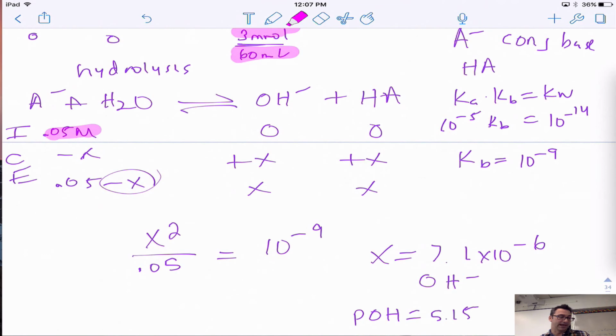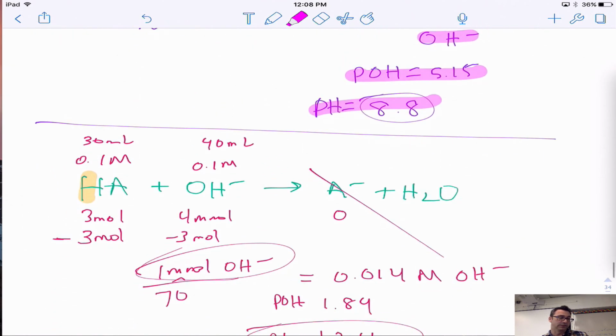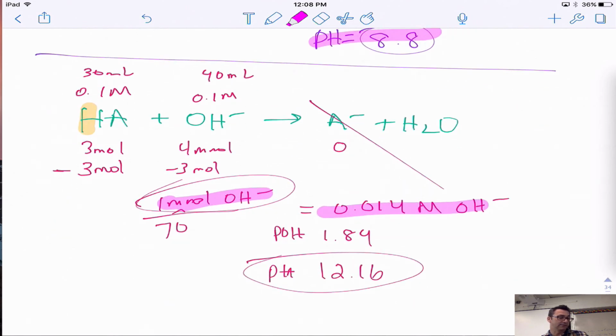You then have to set up an ICE table and plug in and solve for x. The x only gives you OH minus though, so once you find the pOH, you then have to find the pH. And finally, they could go past the equivalence point in which you have excess OH minus. You have to change that to molarity, do the negative log, and then 14 minus it to find the pH. This is the hardest type of question that you'll see in acid-base, where you have these 4 steps.